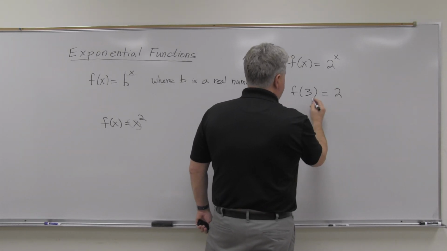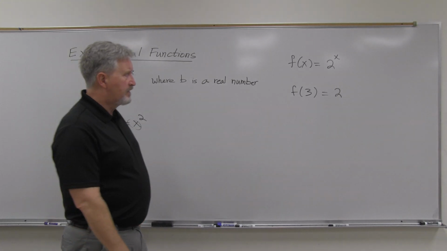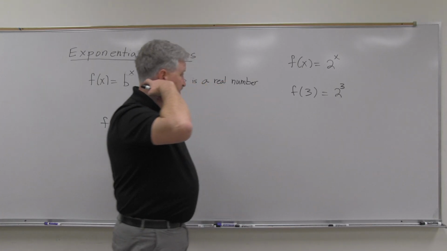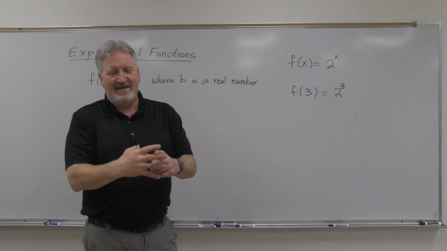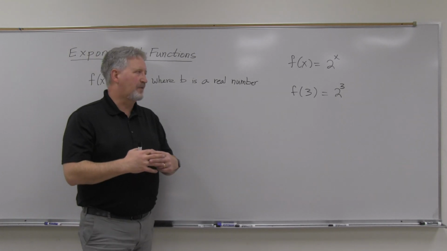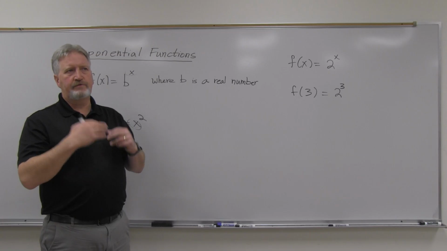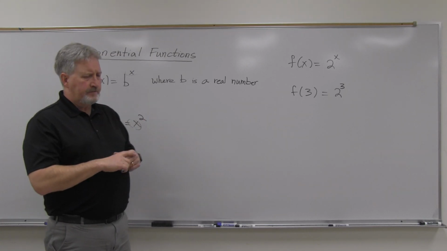So that just means our input value is 3. We want to take a look then at replacing the x. That just means input the x to be 3. So we've got 2 cubed, which means, of course, that's not 2 times 3. 2 cubed is 2 to the third power, 2 times 2 times 2, 2 three times, if you will.